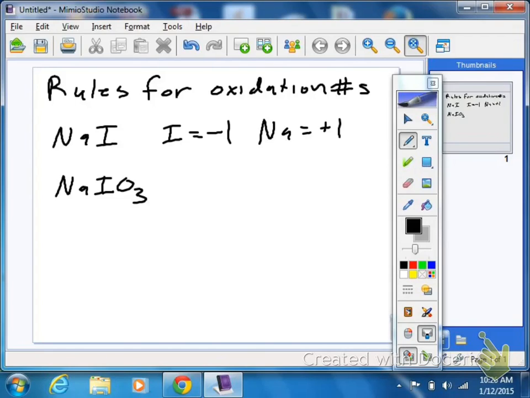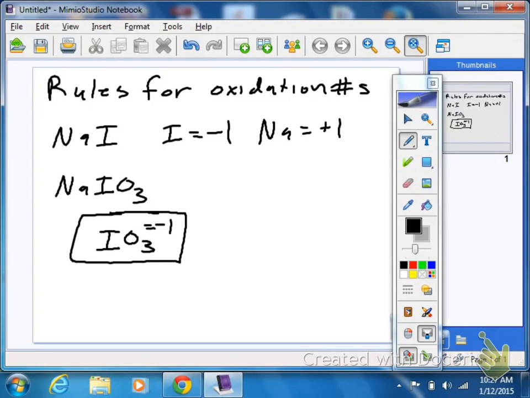And if I treat IO3 based upon what it looks like on the polyatomic ion sheet, IO3 equals what charge? -1. So IO3 is an ion, but iodine's not only bonded to sodium, it's the whole IO3 that's bonded to sodium.